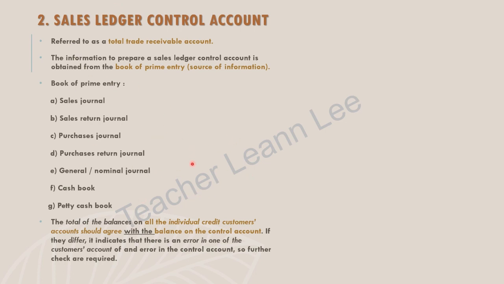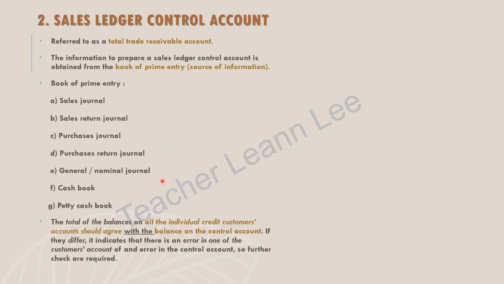The general or nominal journal is for everything else. Everything goes here, such as the purchase or sale of NCAs, or any irregular entry such as the PDD, depreciation or bad debts.